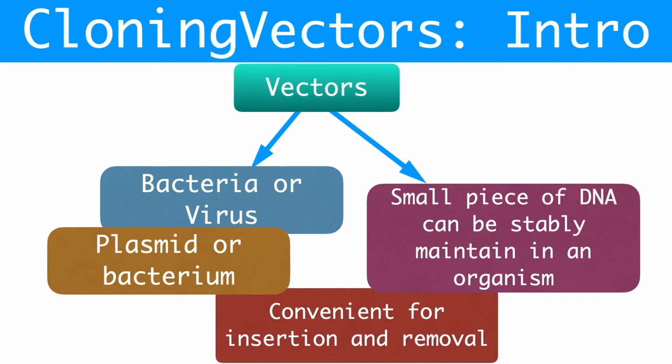They are highly convenient for insertion and removal, and even after insertion and removal, they can be stably maintained in an organism. Once we add an insertion into the vector, it can carry this foreign DNA and transfer it into another organism. This is the definition of vectors in molecular biology.